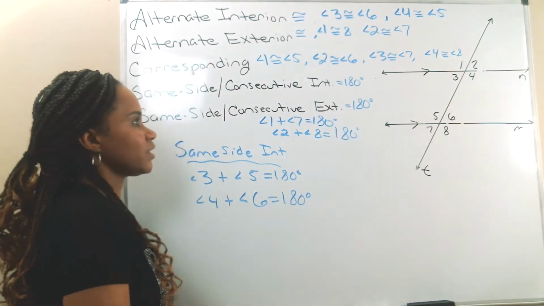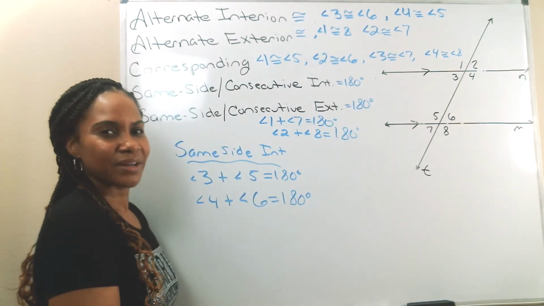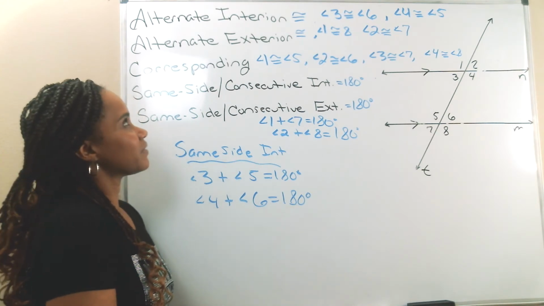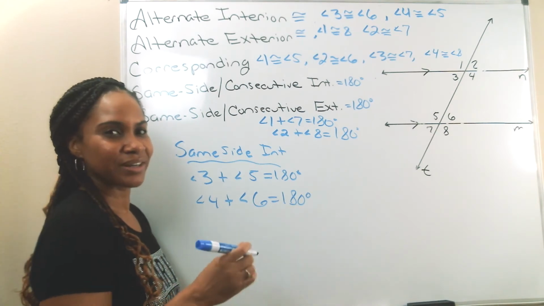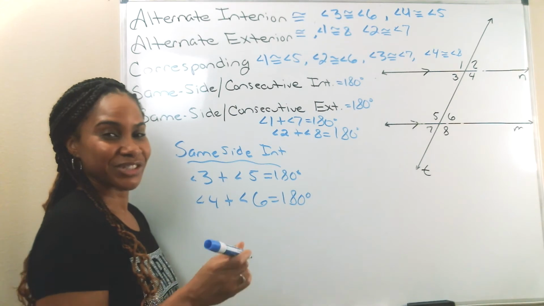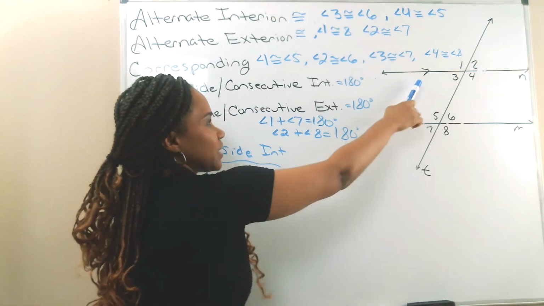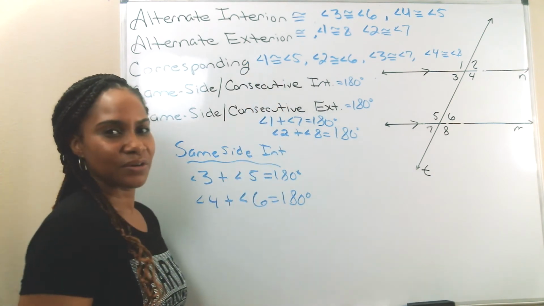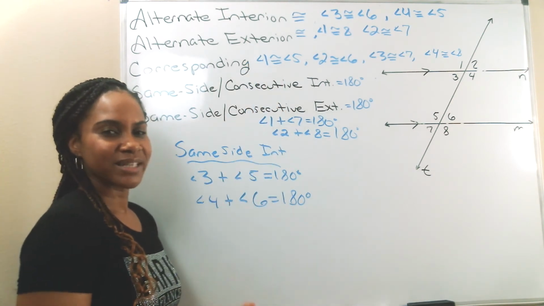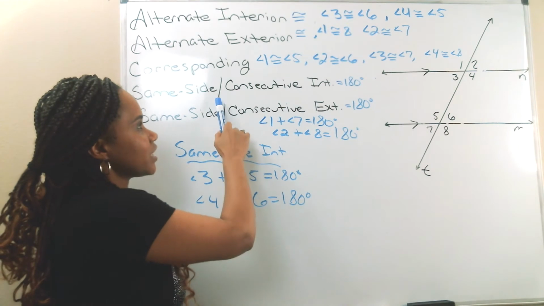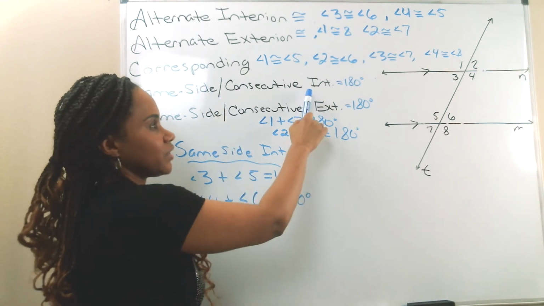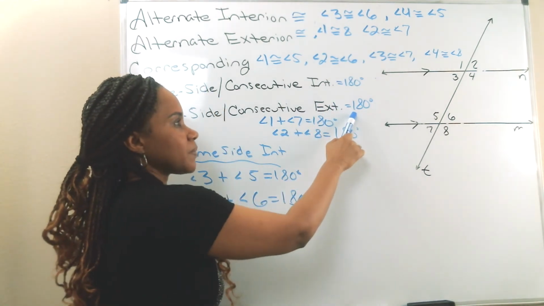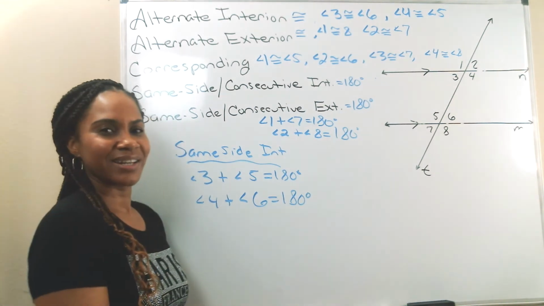And so these are just properties of parallel lines. If a transversal cuts two parallel lines, alternate interior, exterior, and corresponding angles are congruent, meaning they have the same measure, and consecutive or same side interior and exterior angles are supplementary, meaning they equal 180 degrees.